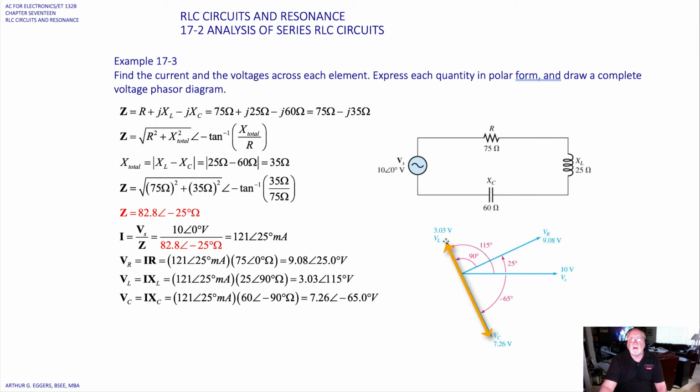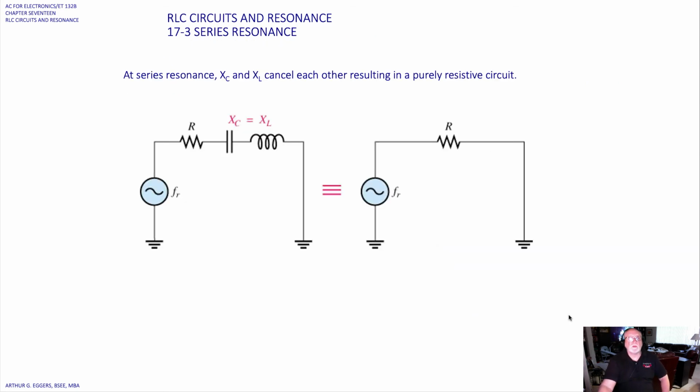And then we've got our inductor and our capacitor voltage drops opposing each other in opposite directions at an angle of 115 and then 65 in the negative direction.